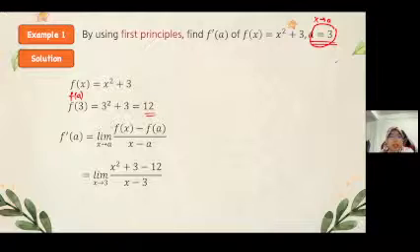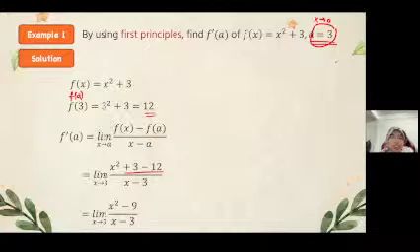Okay, so simplify the constant because I have positive 3 and negative 12. So we can simplify them to become negative 9. So they will become the limit as x approaches 3 for x squared minus 9 over x minus 3.